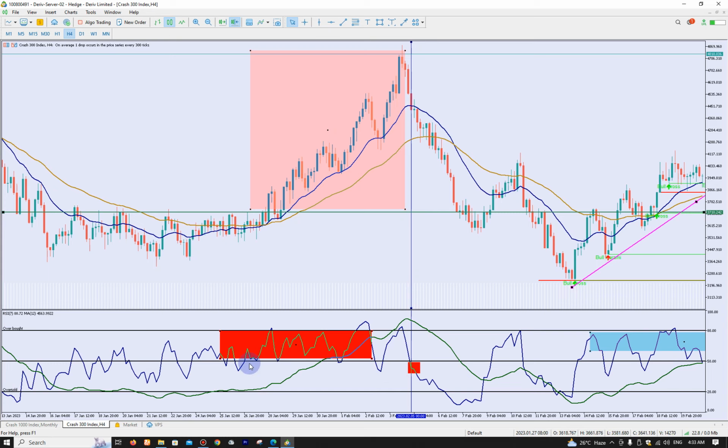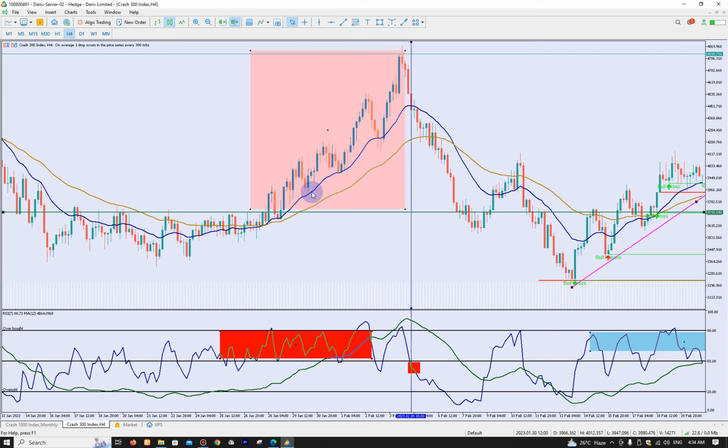So when you have the RSI above the 50 mark, you can actually be bold to say this is a strong bullish move and look for an entry when price is moving within the moving average.